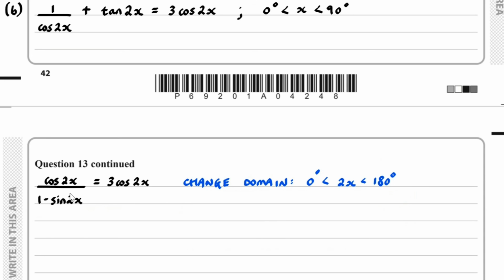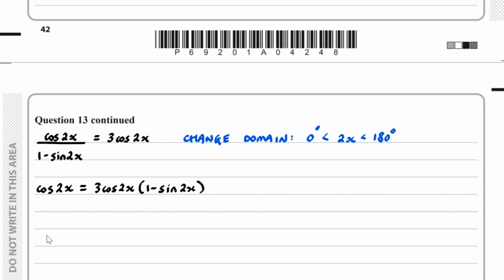So we are solving this equation between 0 and 180. So if I multiply through by 1 minus sin 2x, that means we've got cos 2x equals 3 cos 2x multiplied by 1 minus sin 2x.